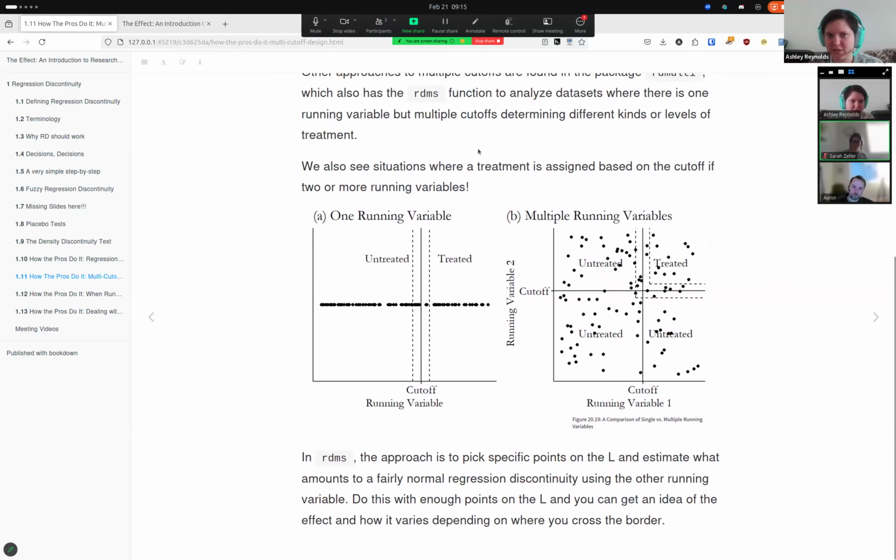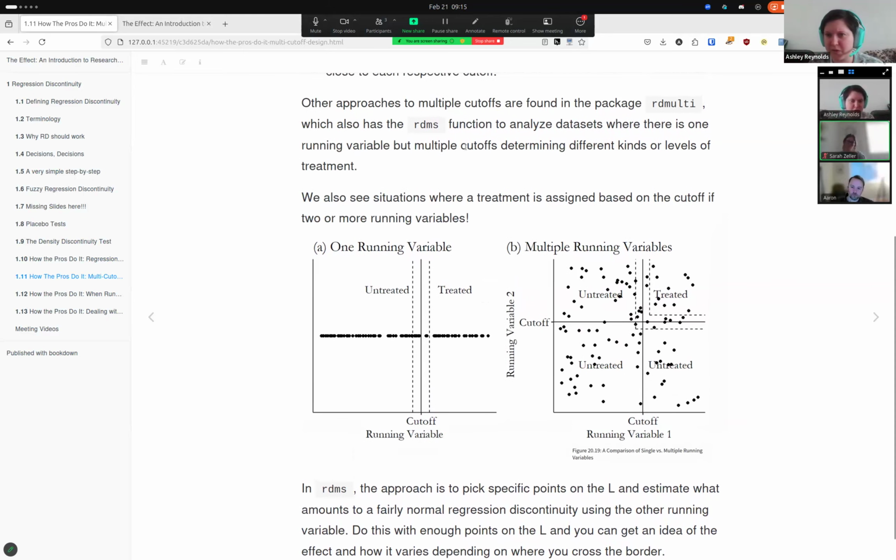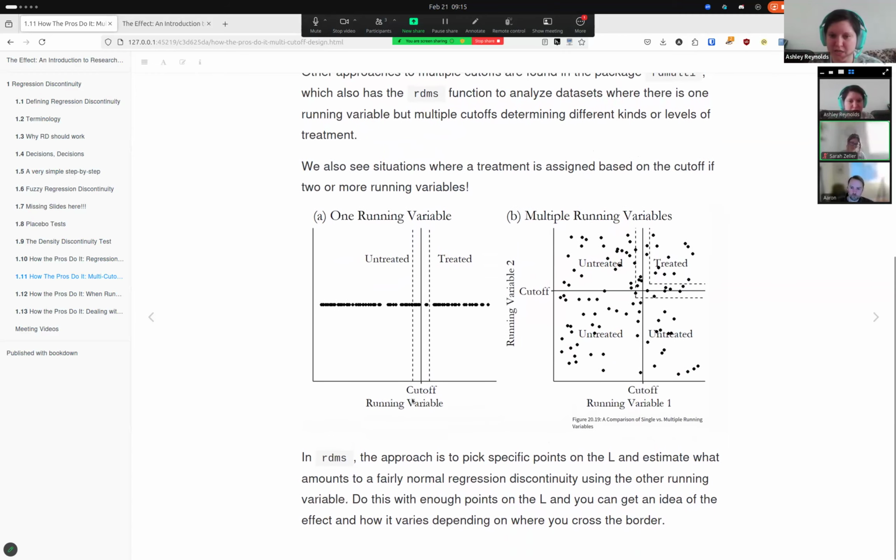So RDMS, the function that we just talked about in the RD multi package, does look at these sorts of RD data sets.